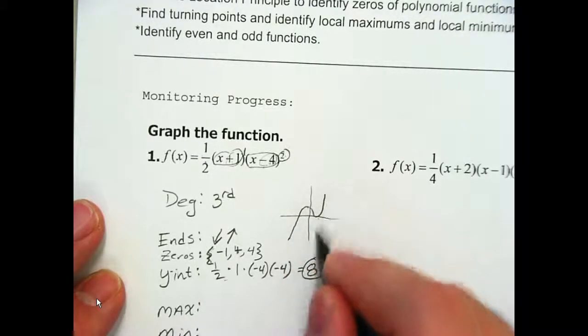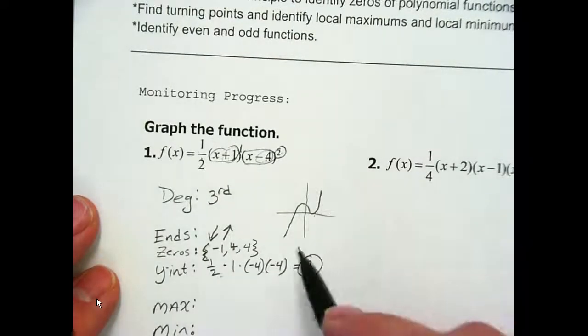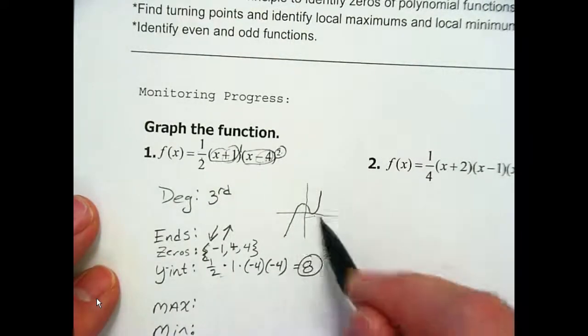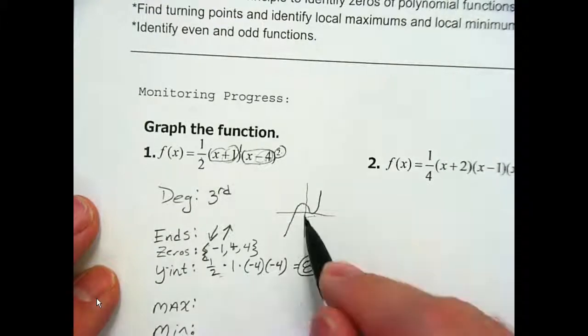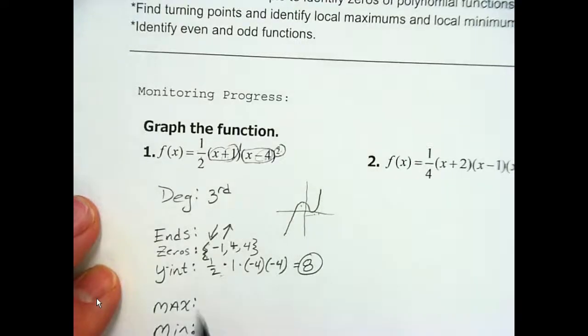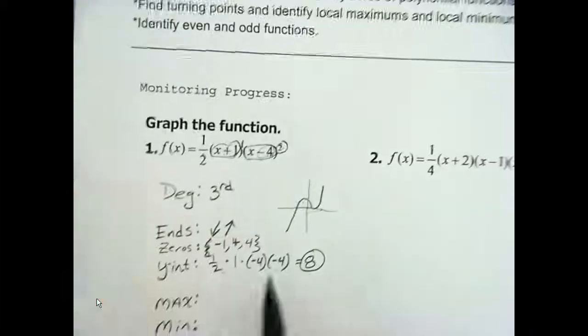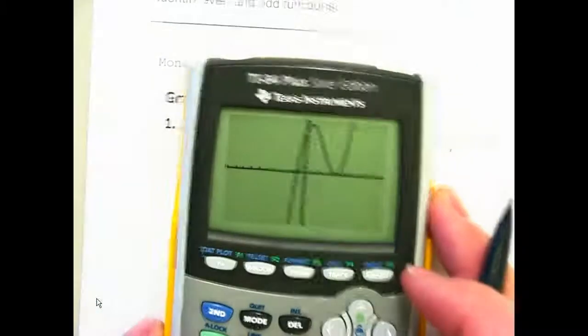Remember what we did the very first lesson? I said, just do a quick sketch. Find your zeros, do your turns, you got it. That's what you're doing, just really quick. I've got a max and a min. That means I'm going to have a maximum and a minimum, just by doing that quick sketch.